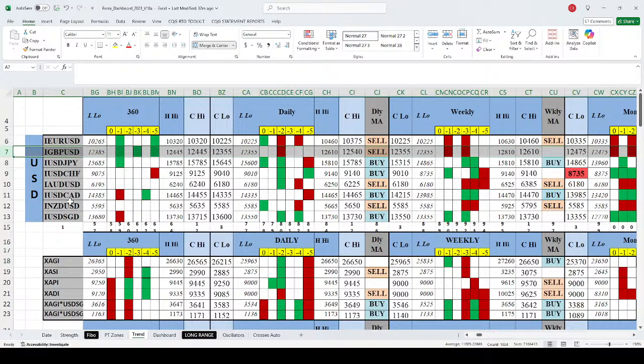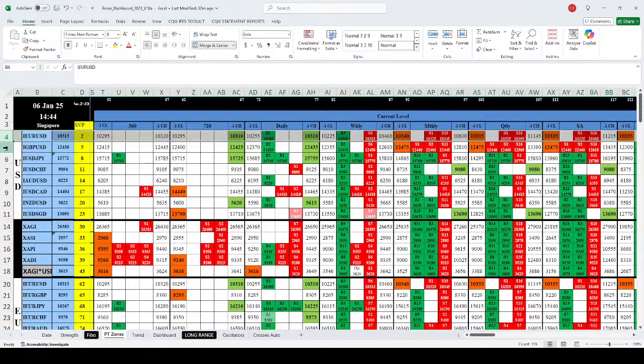Okay, so here the call is cautious buy and sell and hold. Now we go into the PT zones again. 6 hours, 12 hours, no strength or weakness. Your daily is showing weakness and strength, and weekly is a strong sell with the weak buy.